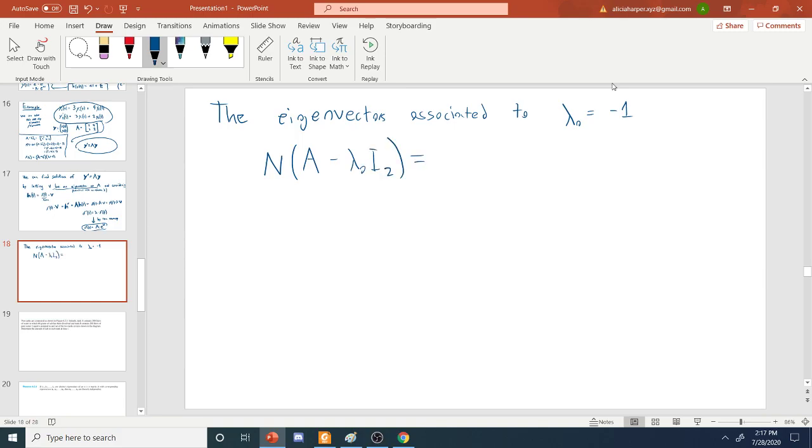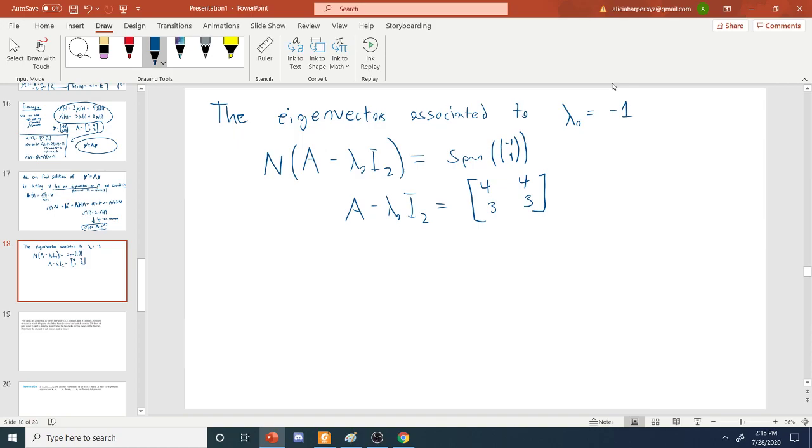So we have to figure out what this null space is. Well, A minus lambda naught I2 is going to be equal to, let's see, I'm going to get a 4 here, a 3 here, a 4 here, a 3 here. So you can compute this null space, and if you compute it, you can see that the span of it is the span of the vector negative 1, 1.